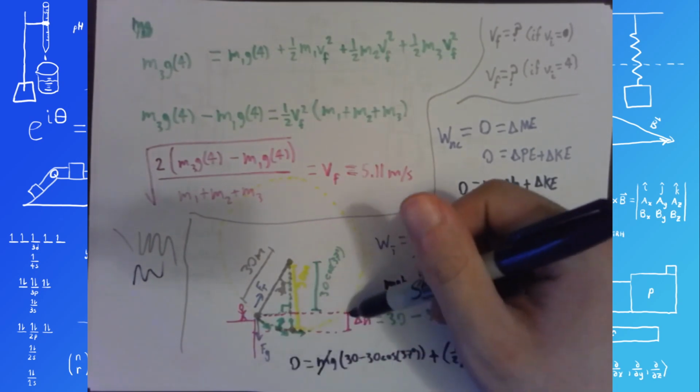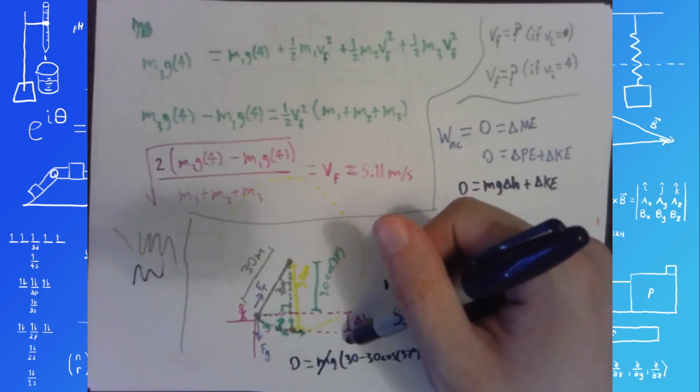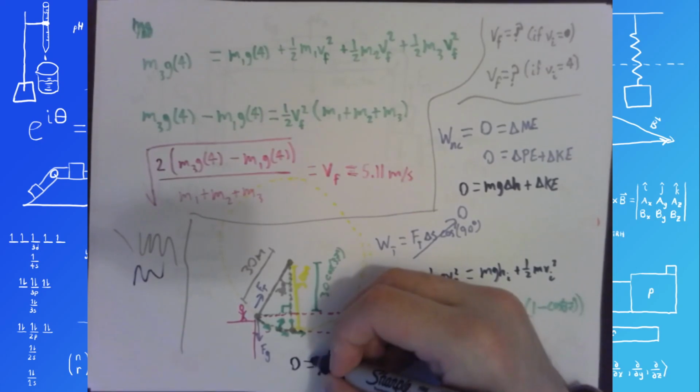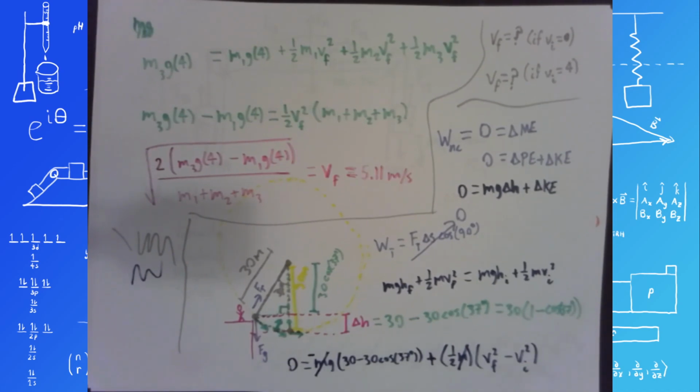Yeah, if I'm defining down to be the negative direction, then delta H is supposed to be negative over here. Okay, I missed a negative sign that I should have included from the outset. So if we add that over to the left-hand side of the equation now, I might as well plug in the numbers. You know what? No, I'm not going to plug them in just yet. Let's continue on another sheet.